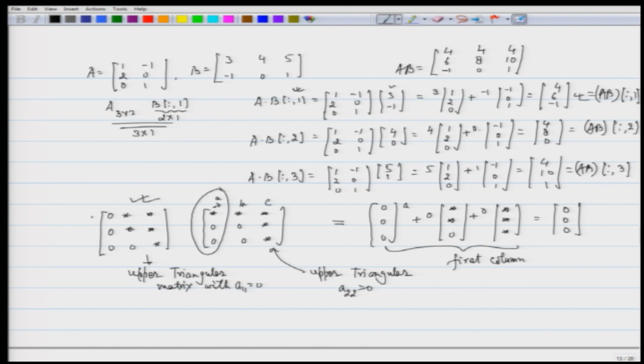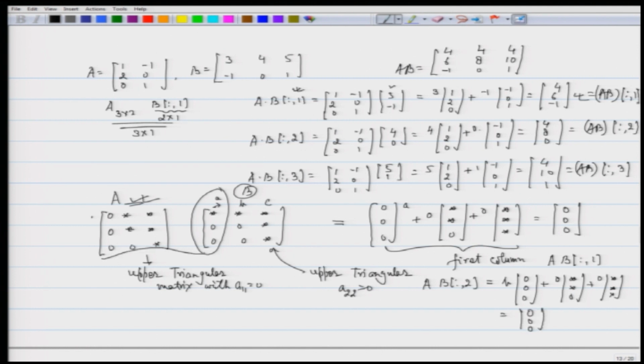So, I looked at if this matrix is A, this was B, then I have looked at A times the first column of B. If I compute A times the second column of B, it will be B times 0 0 0 plus 0 times a star 0 plus 0 times a star, which will again give me 0 0 0.